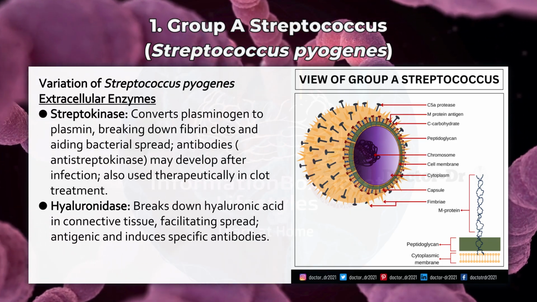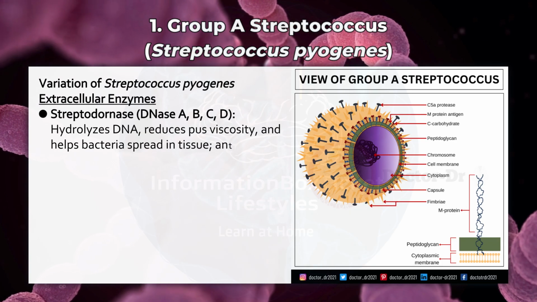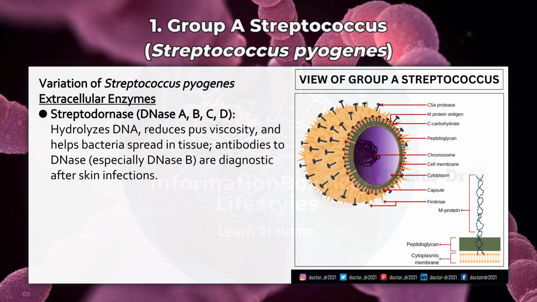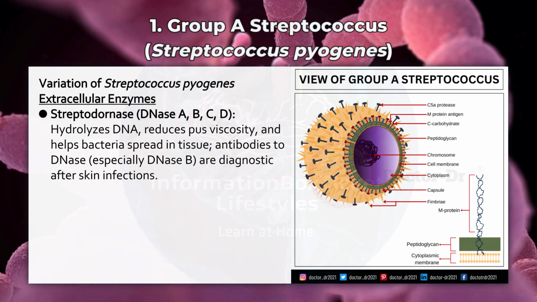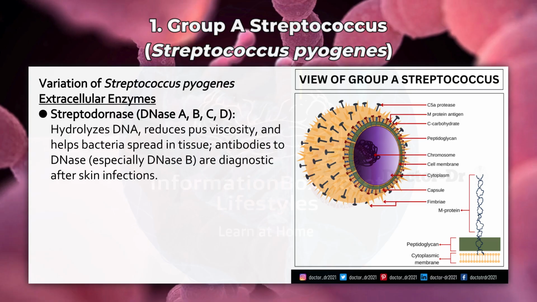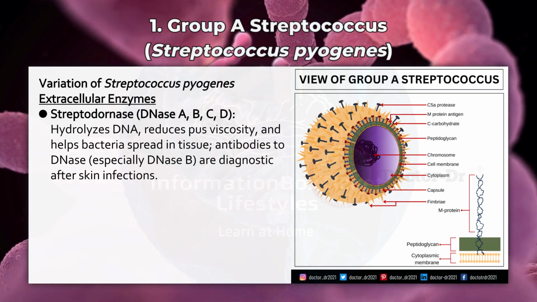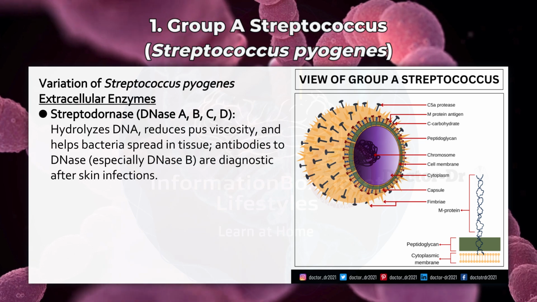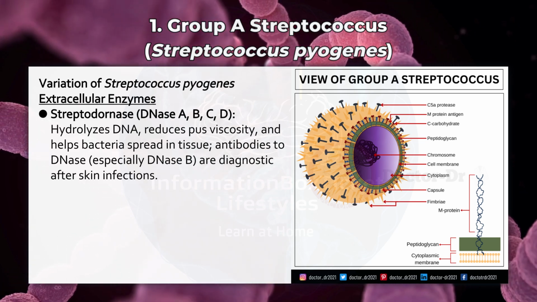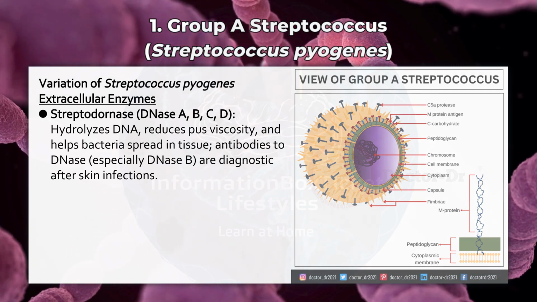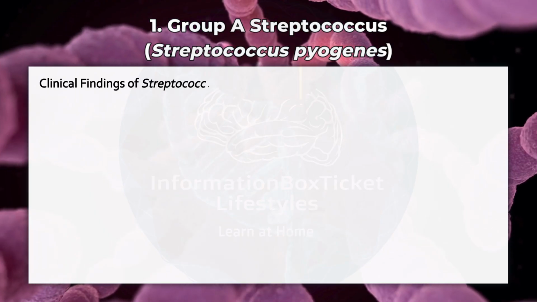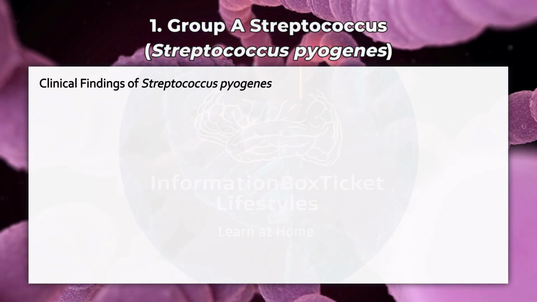It is antigenic and induces specific antibodies. Streptodornase, DNase A, B, C, D, hydrolyzes DNA, reduces pus viscosity, and helps bacteria spread in tissue. Antibodies to DNase, especially DNase B, are diagnostic after skin infections. Clinical findings of Streptococcus pyogenes.